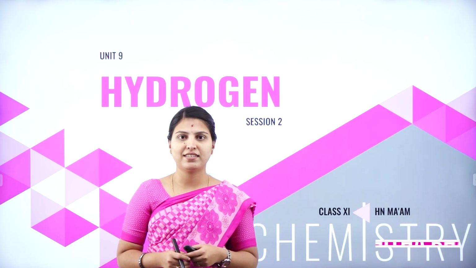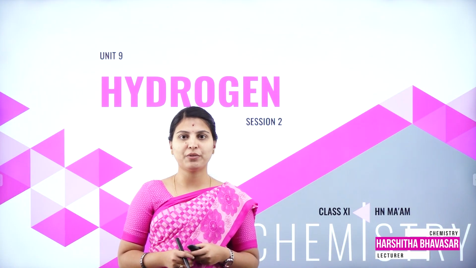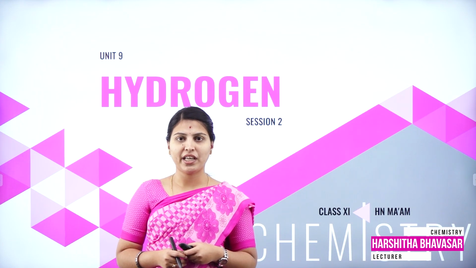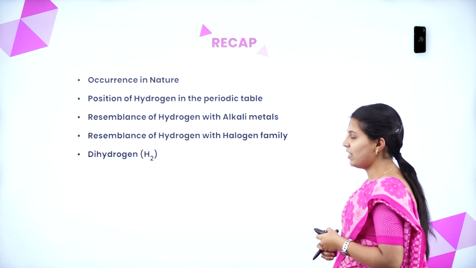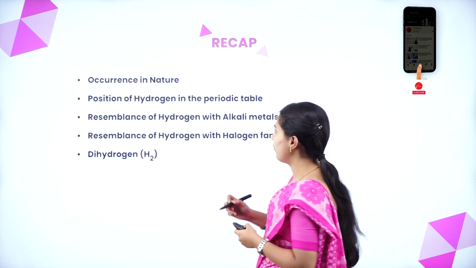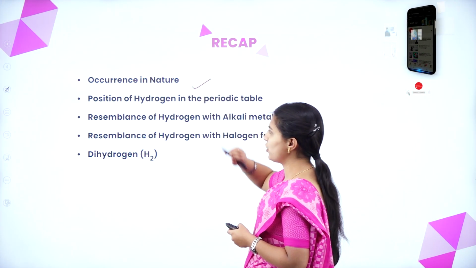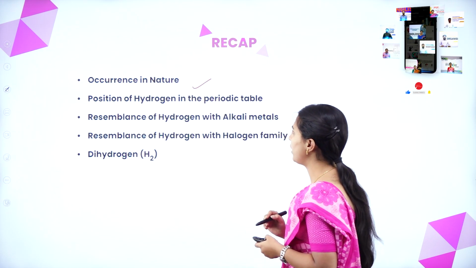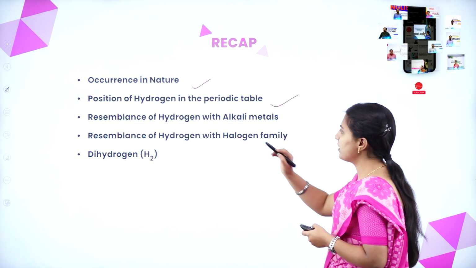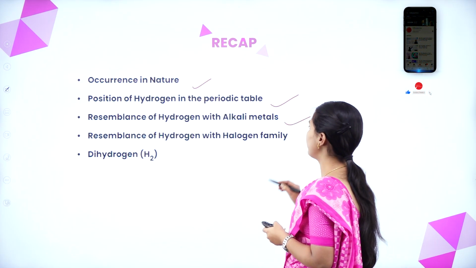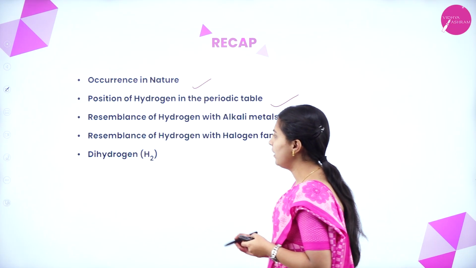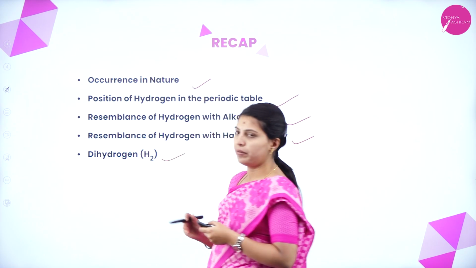Hello everyone, this is Harshita Bhavasar from Vidhyaashram School of Excellence. Today we are starting session 2 from the chapter Hydrogen. In the last class we discussed occurrence in nature of hydrogen, position of hydrogen in the periodic table, resemblance of hydrogen with alkali metals, resemblance of hydrogen with halogen family, and the dihydrogen preparation.